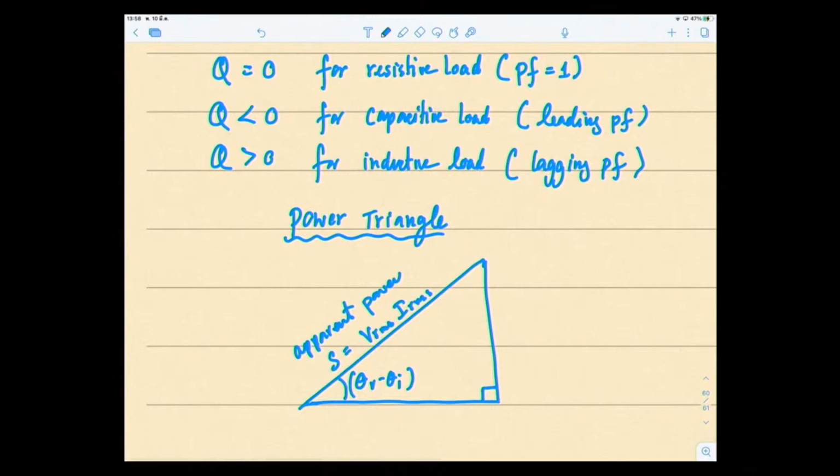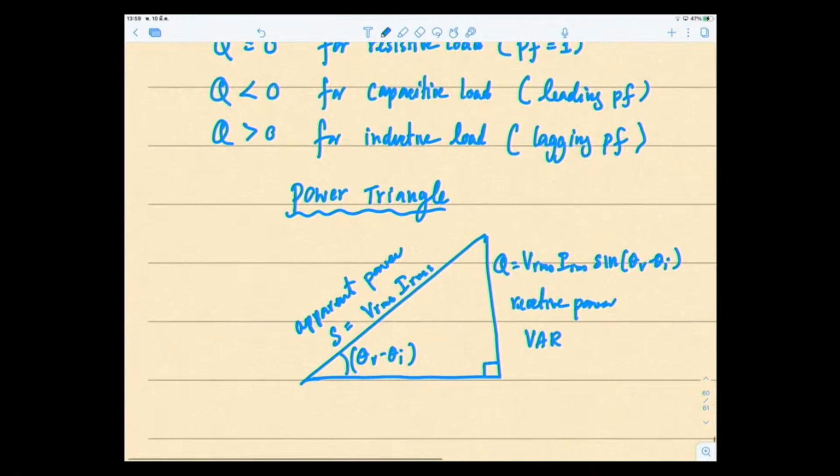So remember that, and of course then you can use your trigonometry skill. You still remember it, right? On this side, the opposite of the angle is sine. So this side would be VRMS IRMS sine theta V minus theta I, which is nothing but your reactive power Q, and the unit is var.